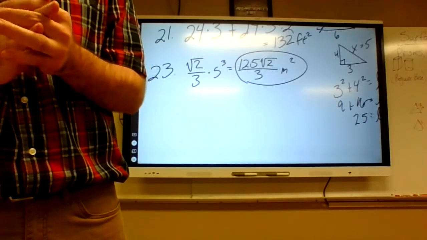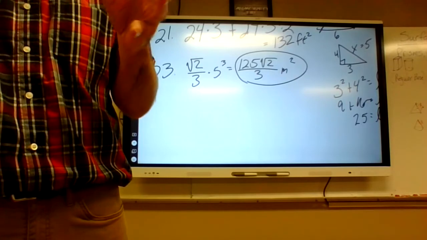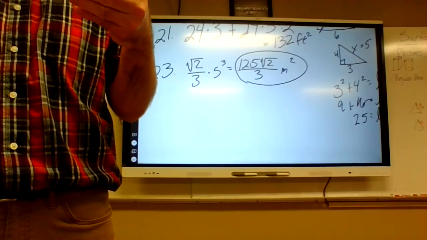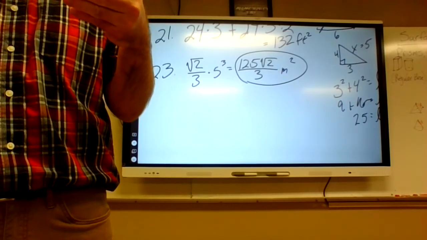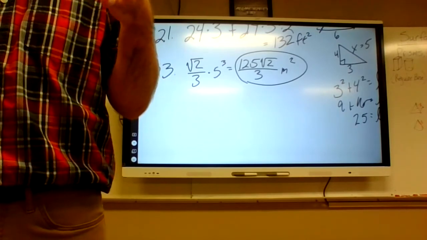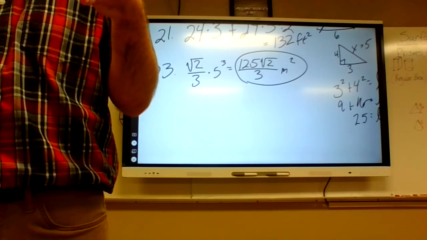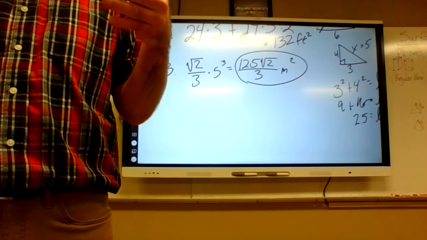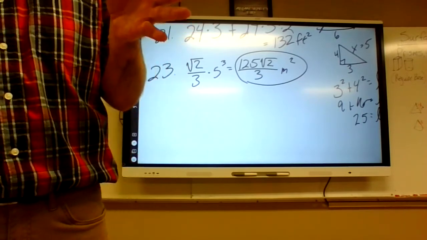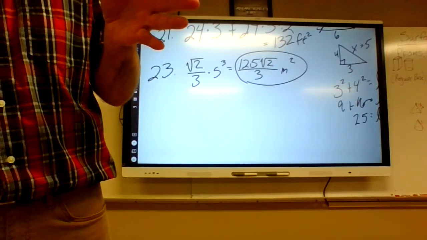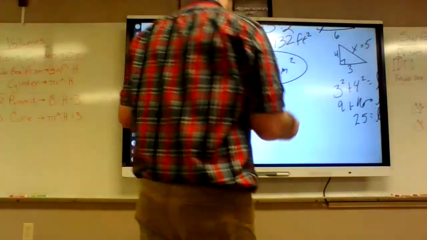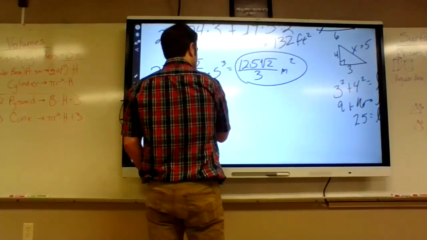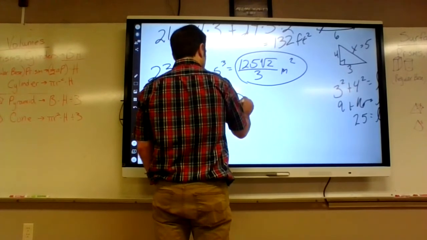The bore, so the blue coloring is the cylinder in the picture. And the bore would be the diameter of the cylinder. I'm reading A here, it says the bore is 4 inches. So that's the diameter. What's the radius of the cylinder? 2.